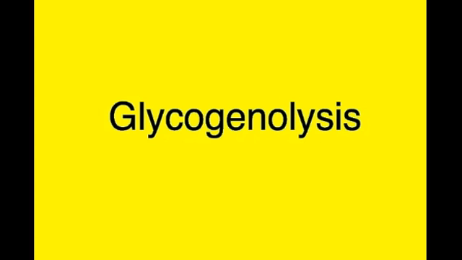In this video, we're going to be talking about glycogenolysis, which is the lysis, so the breaking of glycogen. And glycogen is a macromolecule, so a big-sized molecule made by many units of glucose.